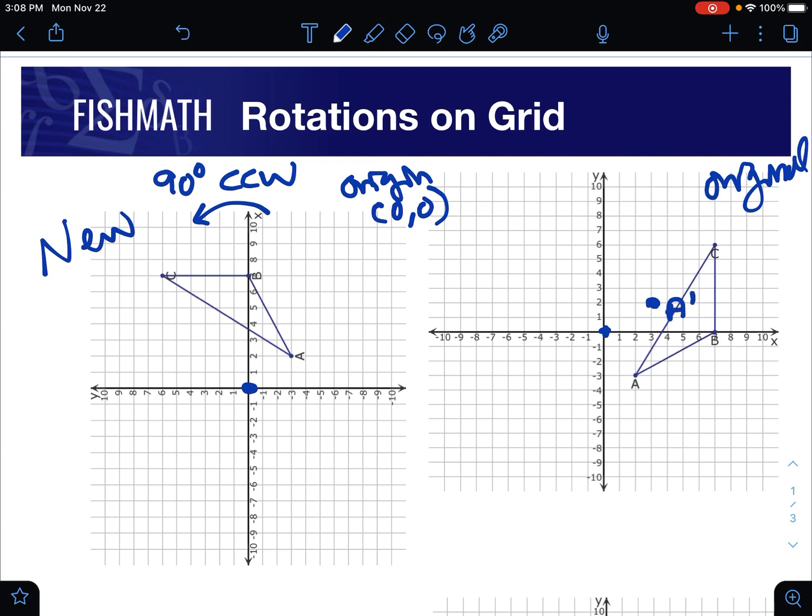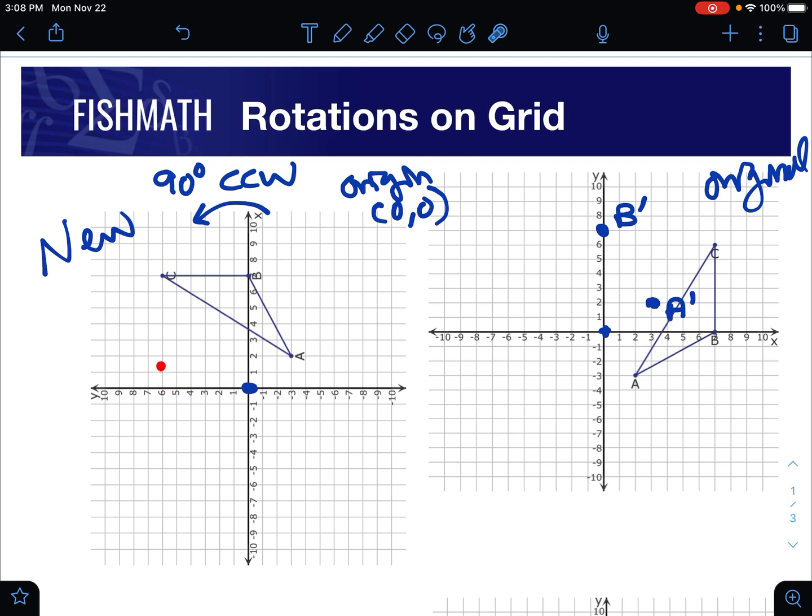And then I turn it 90 degrees counterclockwise back. I look at this turned version again. How do I get to B from the 0, 0 origin? From the 0, 0, I go up 7. So I go back to the original over here. From 0, 0, go up 7, and that's B prime. And then again, go back to the turned version. From 0, how do I get to C?